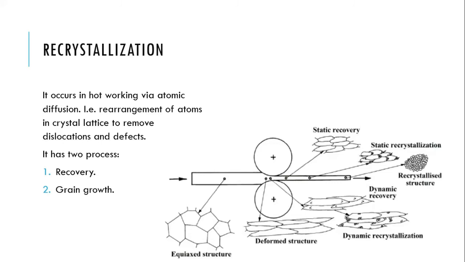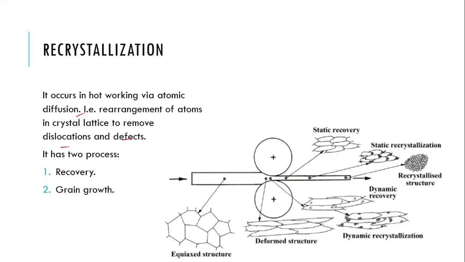But before going into that, as I have told you before, what recrystallization is: we heat the material and provide enough energy to the atoms so that they can rearrange themselves. So it occurs in hot working. And how do they rearrange themselves? Via atomic diffusion, that is rearrangement of atoms in the crystal lattice to remove the dislocations and defects. There are some terms you are not familiar with, like defects and dislocations in solids, and you will get some idea about these in the materials and metallurgy subject.